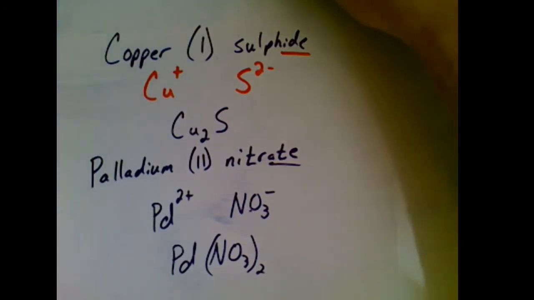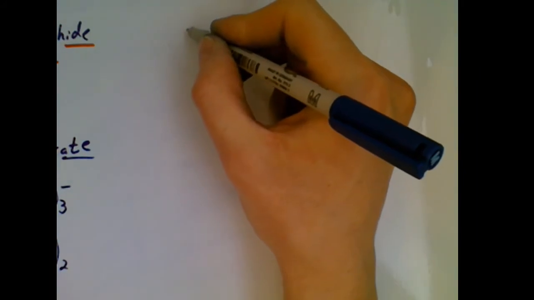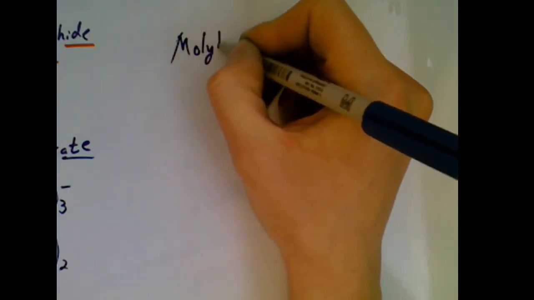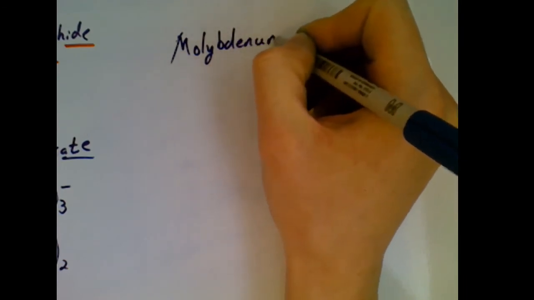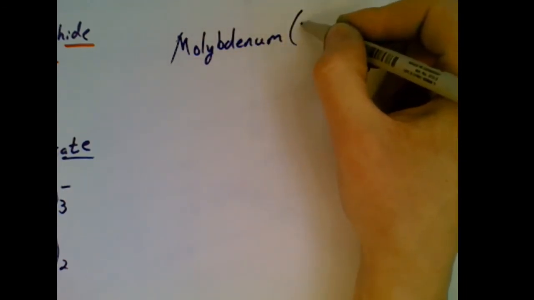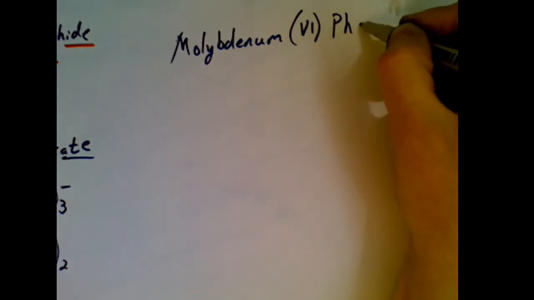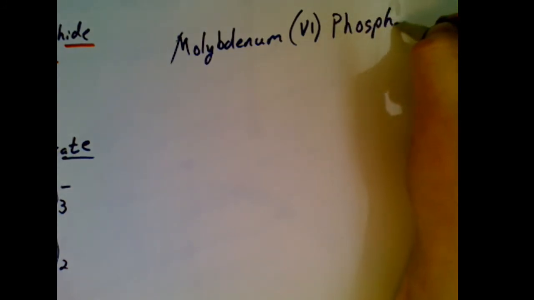Let's do one more example. Over on the side here, we'll try something a little bit more challenging. So what if I were to say something like molybdenum 6 phosphate.